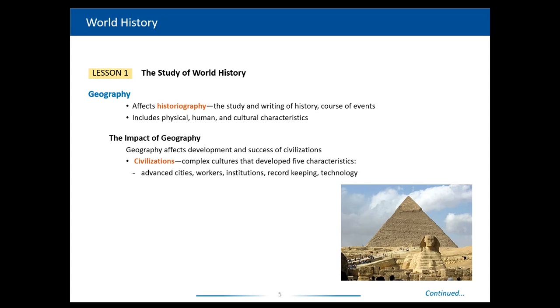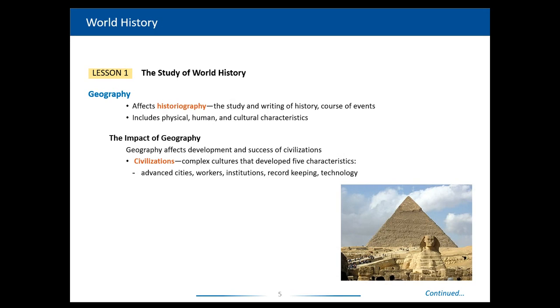That study is called historiography, and it includes the physical, human, and cultural characteristics. When you look at geography, you must look at the physical, human, and cultural characteristics in order to get the details of how the course of history happened in that location.